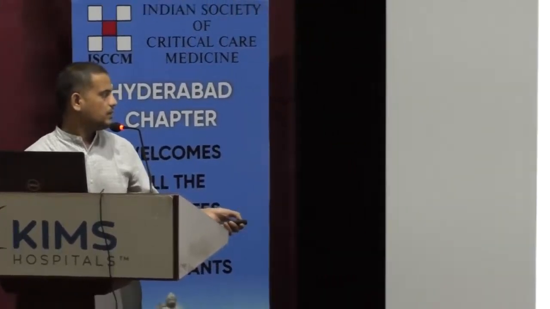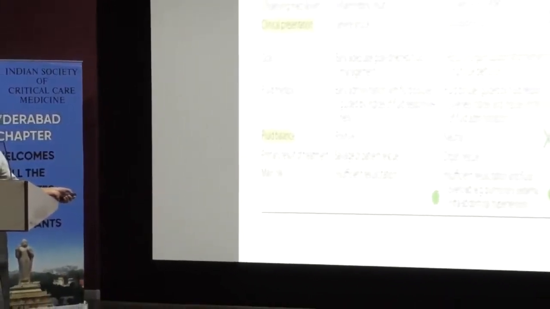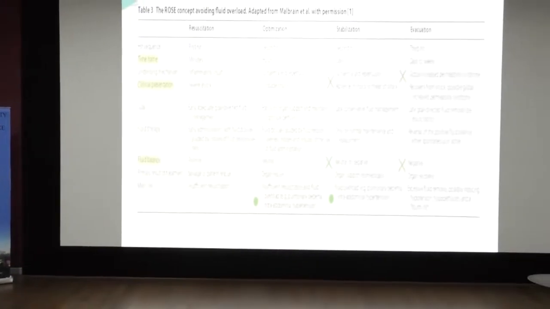And the fluid balance, if you see, is positive only in the first phase of resuscitation; next it is neutral, neutral to negative, and negative. This is how it should be. It is not that we have to keep it continuously positive. So you need to understand where our phases are.